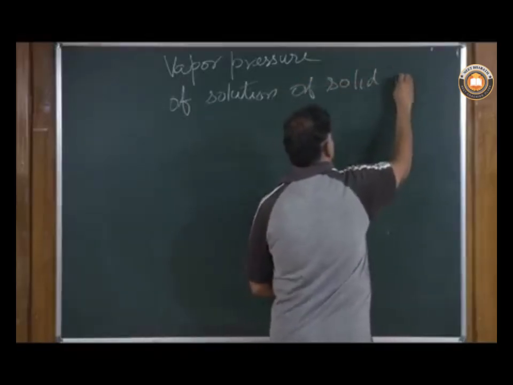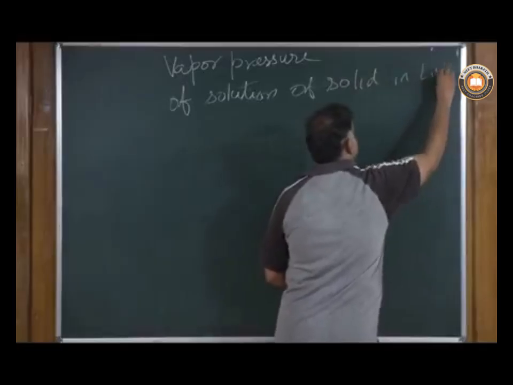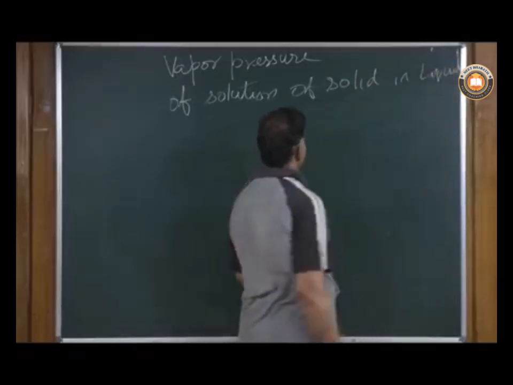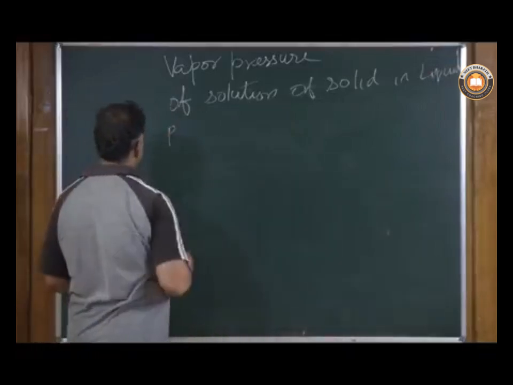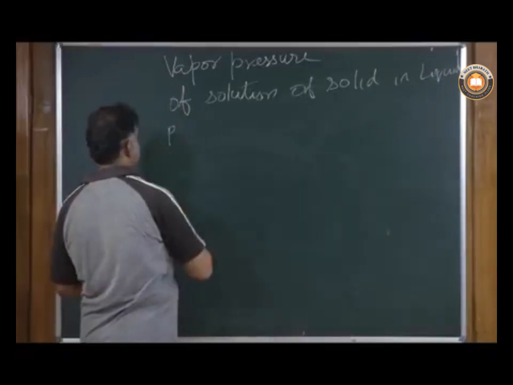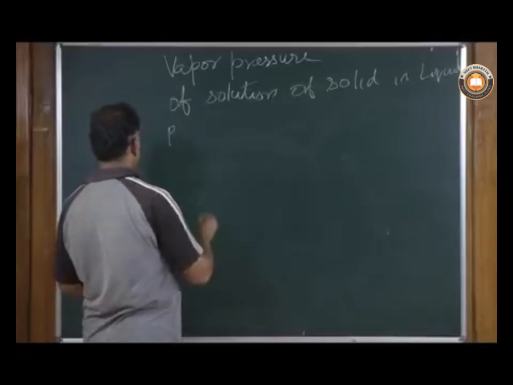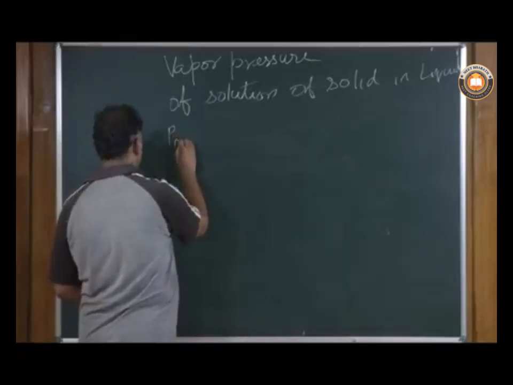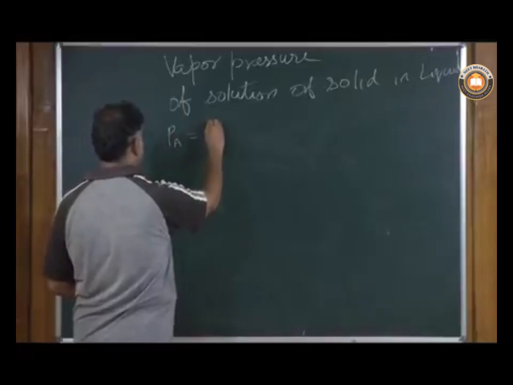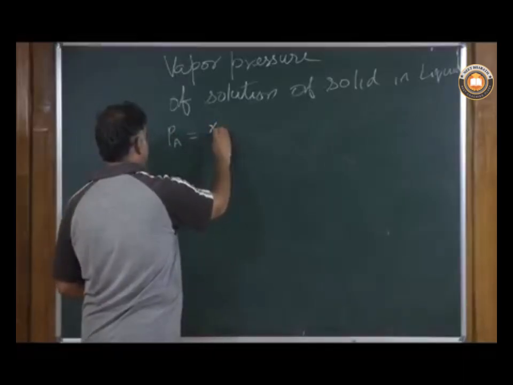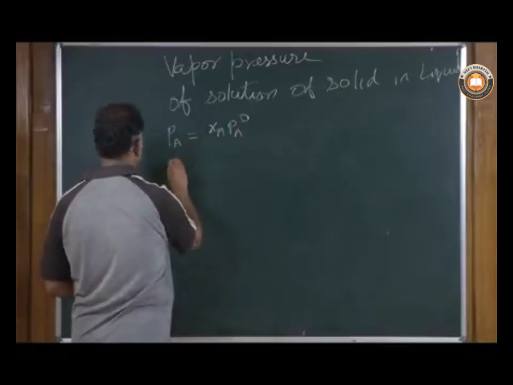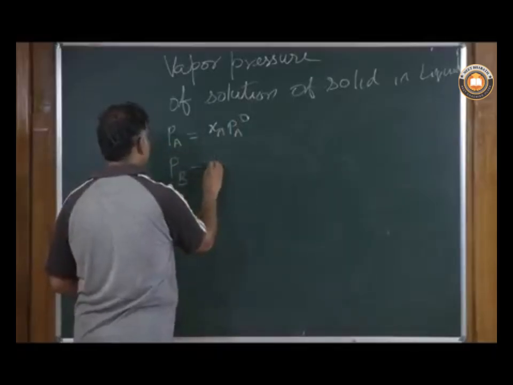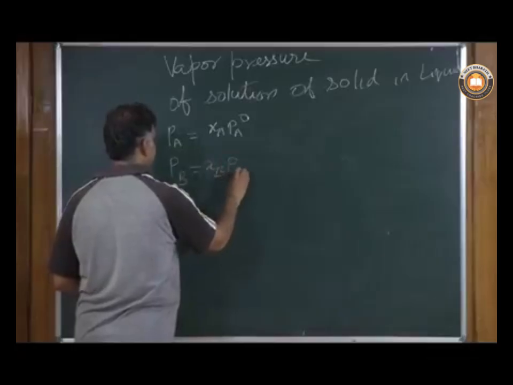Solid in liquid. Okay, let us examine Raoult's law one more time. What does it say? It says P A, the partial pressure of one component, let us say component A, is equal to X A P A 0, and the same thing, P B is equal to X B P B 0.